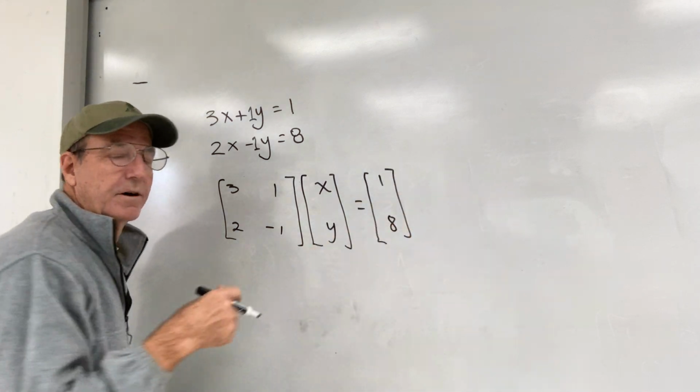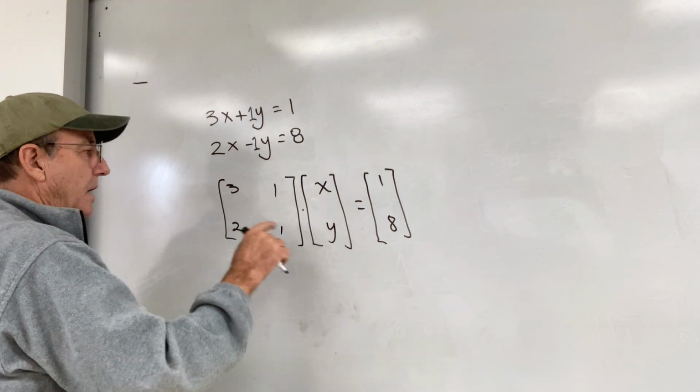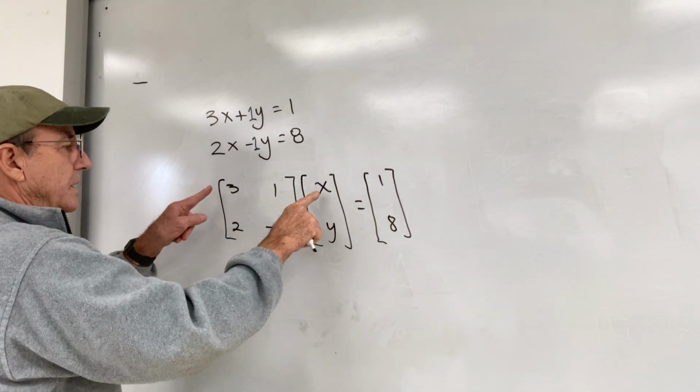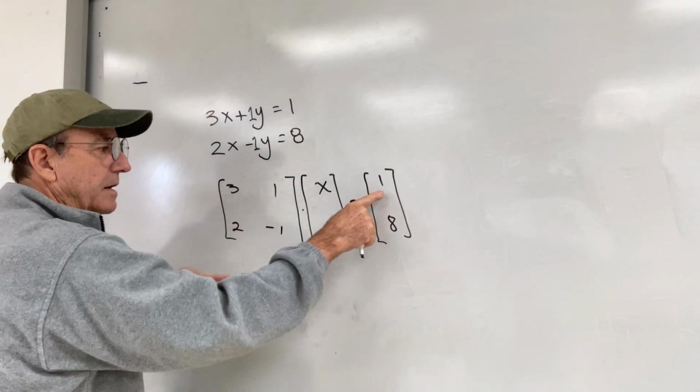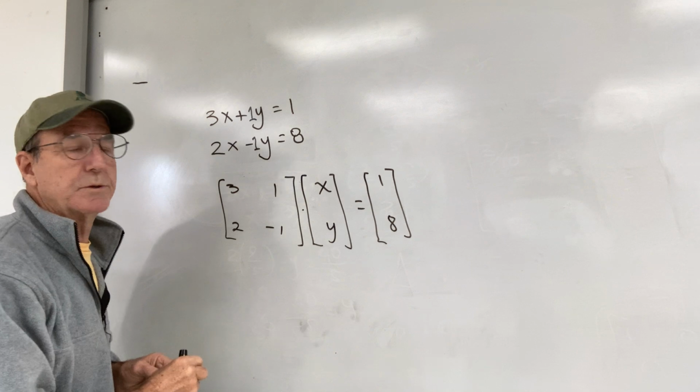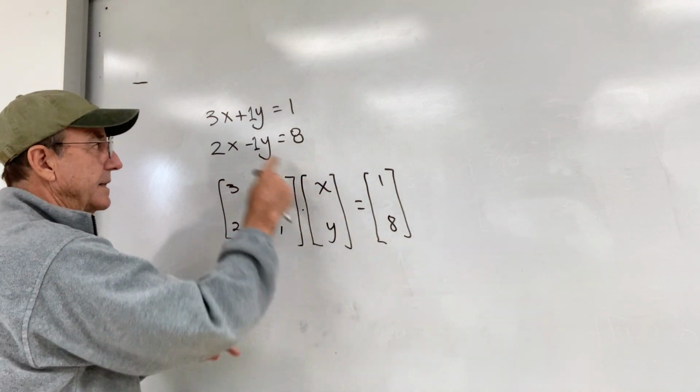Just to verify that this makes sense, when we multiply these two matrices, we go this row and this column, so this would be 3x plus 1y, and that's got to be 1. Well, there it is. Second row, first column, 2x minus 1y is 8, that's that.